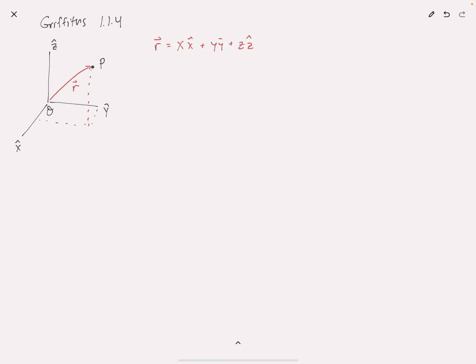And we can calculate what the magnitude of that vector is. Vector r, magnitude, I can just rewrite as r without an arrow over the top. And we know that it is equal to the square root of the sum of the squares of all of the components, x squared plus y squared plus z squared.